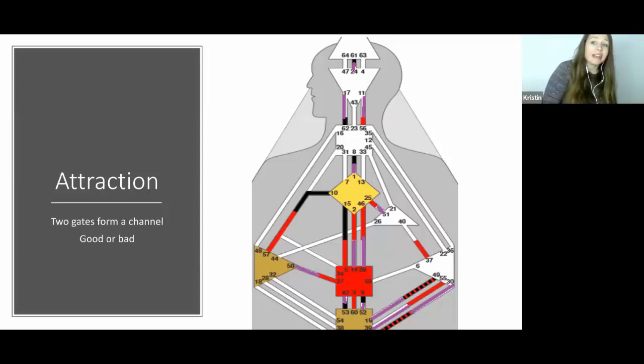It can be a bad thing. It can be a relationship that's extremely volatile. And when you're happy, you're really happy and you're passionate. But when you're angry and mad and resentful, you're really angry and mad and resentful, and that passion comes out there too. So just keep that in mind when you're looking at attraction in your human design chart.